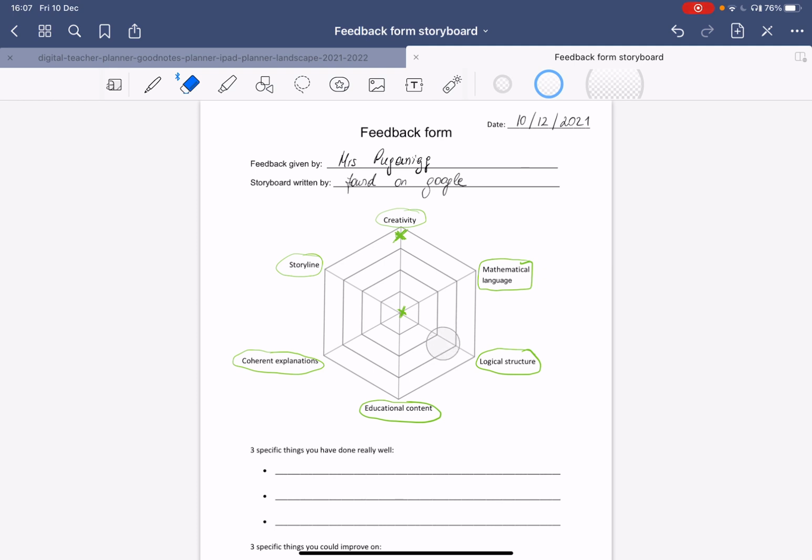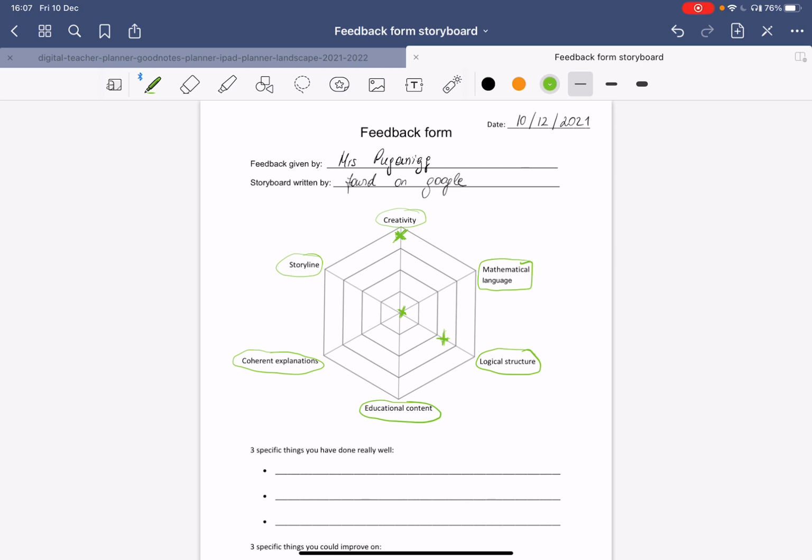So I'm just going to give it something like here. So not super high because actually that logic is not based on the math, but the structure was logical.